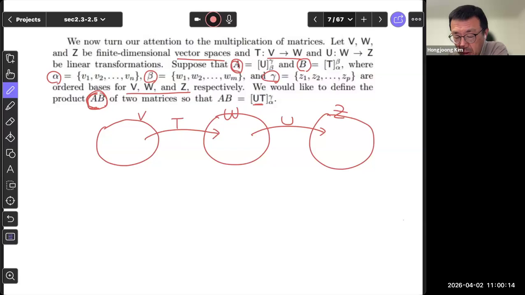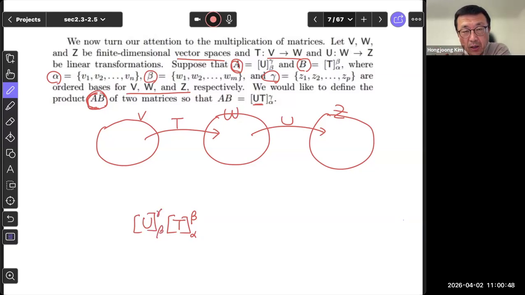Since T is a linear transformation and since the bases are given, we can think of some matrix representing this T. And then we can find a matrix representing U using beta and gamma.